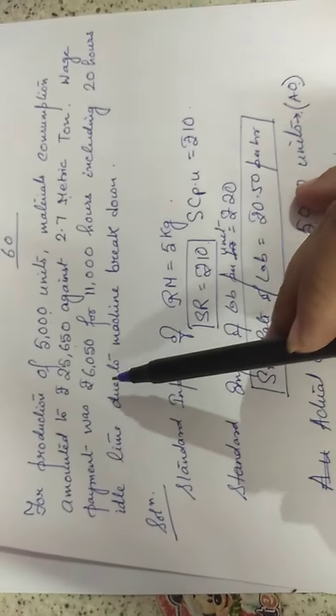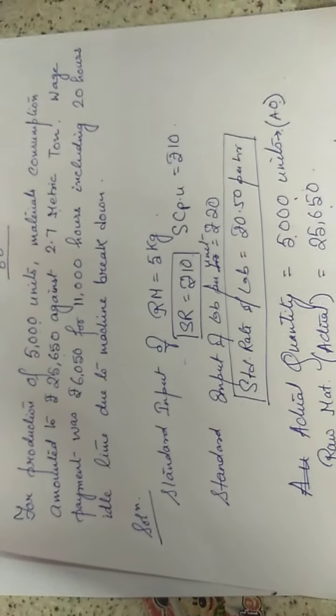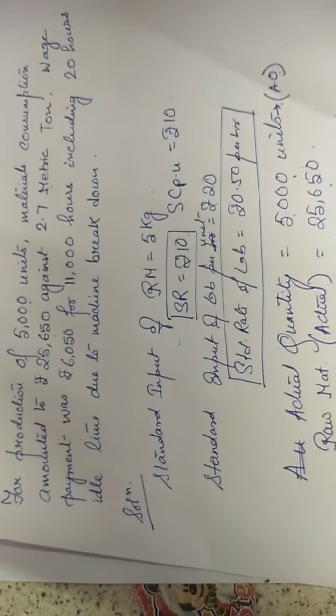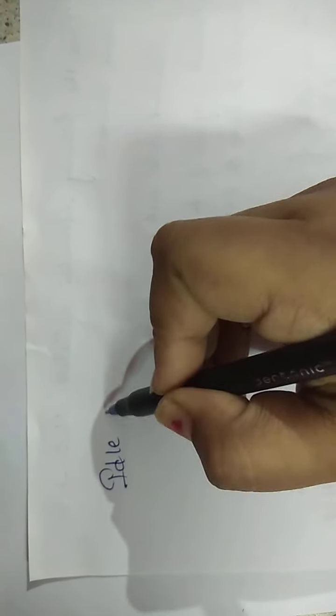Okay, next what information is given? Wages payment was 6050 against 11,000 hours including 20 hours idle time due to machine breakdown. So idle time is given over here. Idle time is 20 hours.